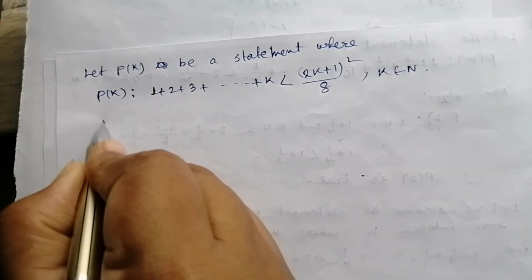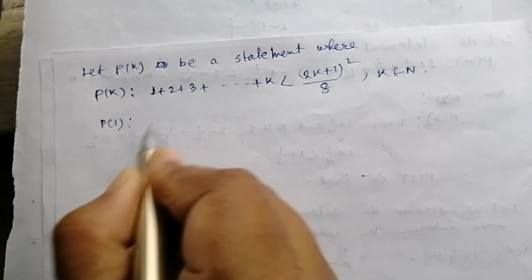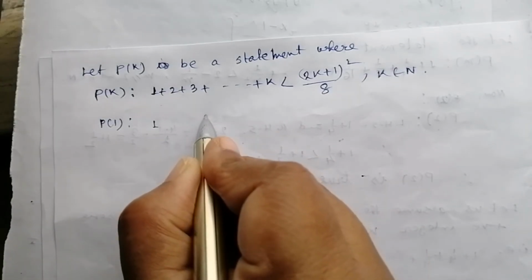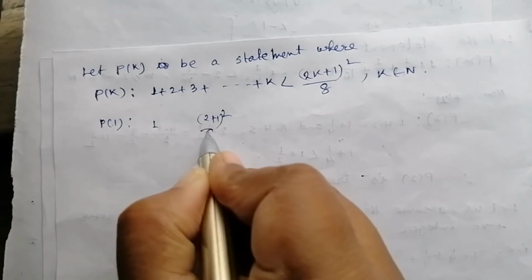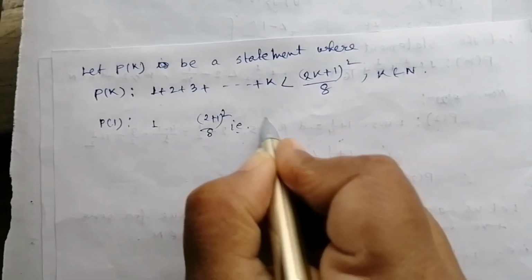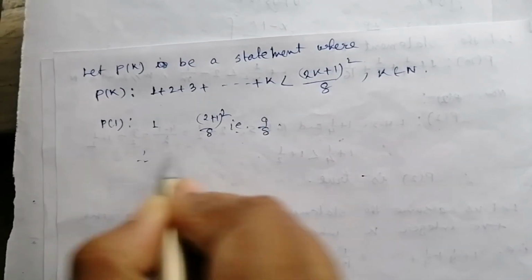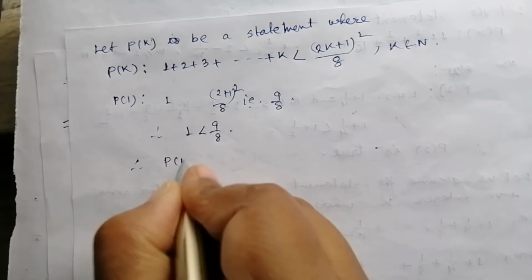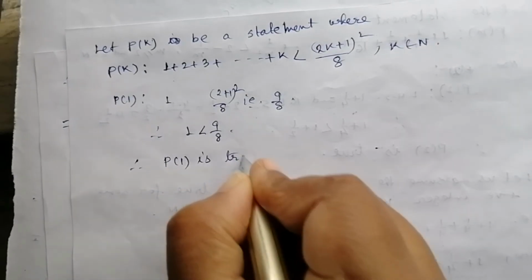Then P1: 1 is less than (2 plus 1) whole square divided by 8, that is 9 by 8. Therefore, 1 is less than 9 by 8. Therefore, P1 is true.